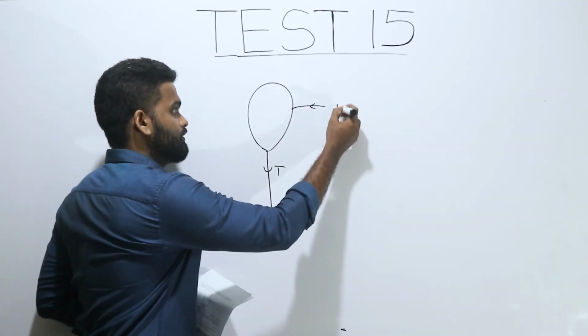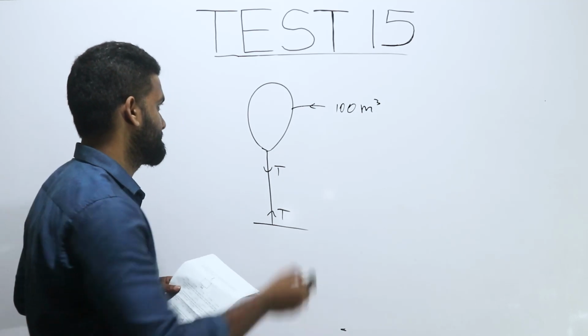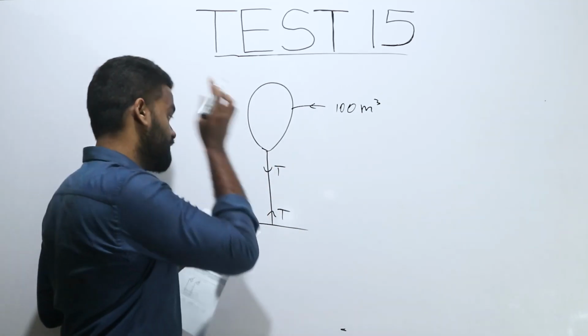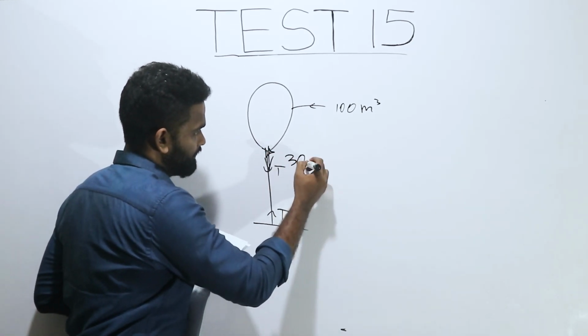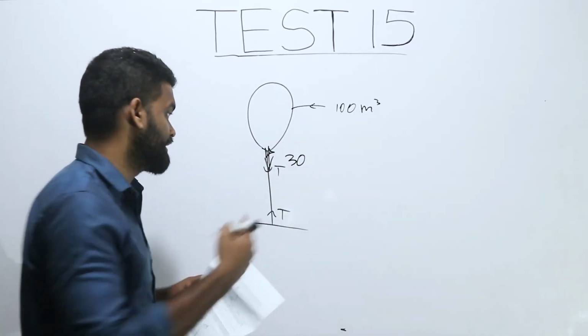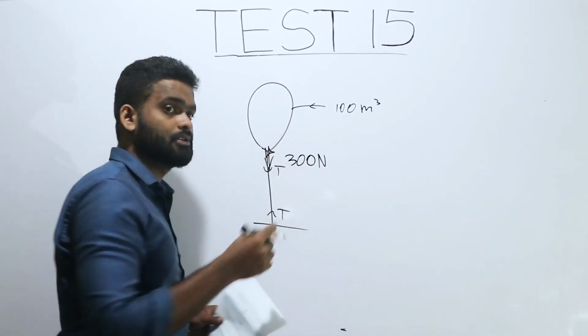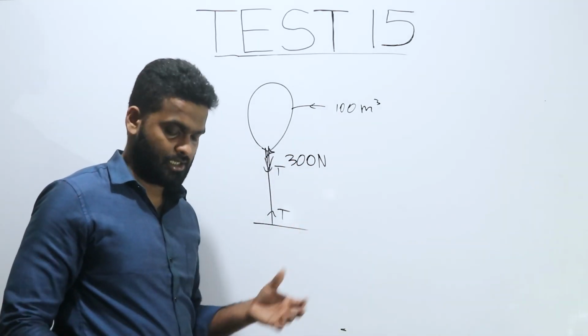The volume of the balloon is given as 100 cubic meters. The weight of the balloon is 30 kilogram, so that should be 300 Newton. Yes, 300 Newton is the weight of the balloon without hydrogen.